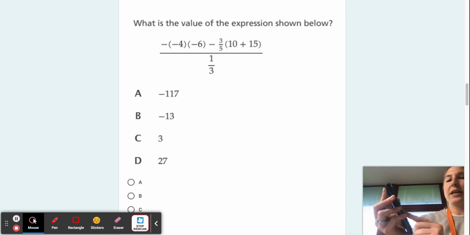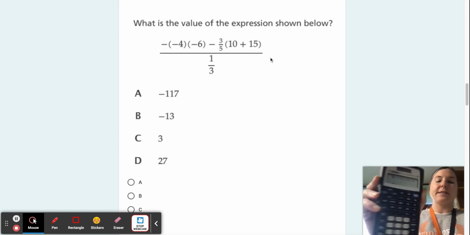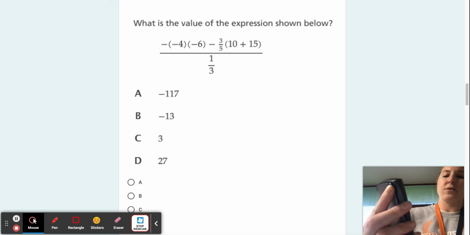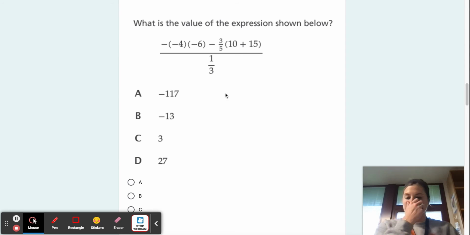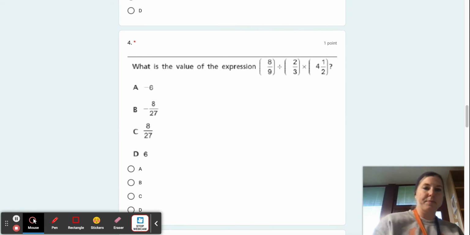From that point, you can hit dividing because this big line means division, and that's a fraction, so 1 ABC 3. If you do all that correctly, you will get one of these choices, but it took a long time.